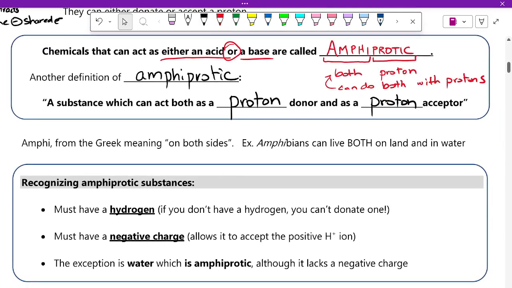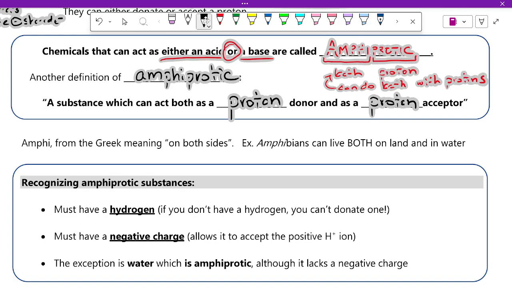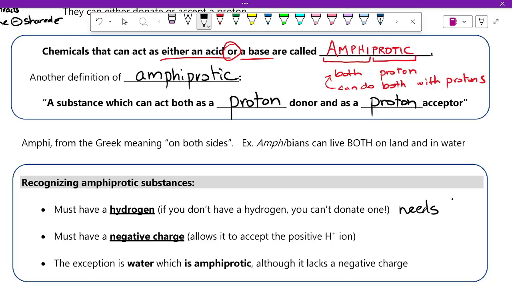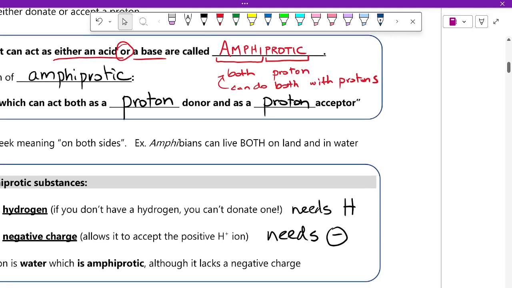So recognizing an amphiprotic substance, as James was saying, it has to have a hydrogen, and it needs a negative charge because that allows it to accept.